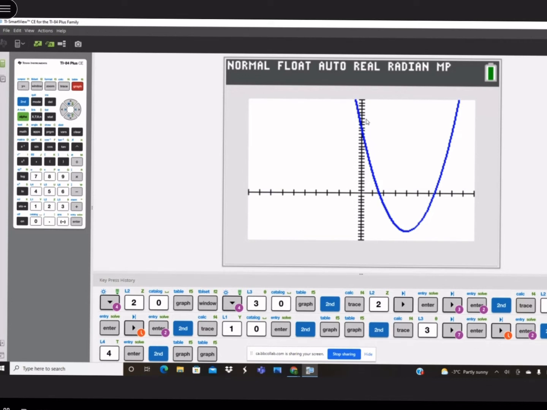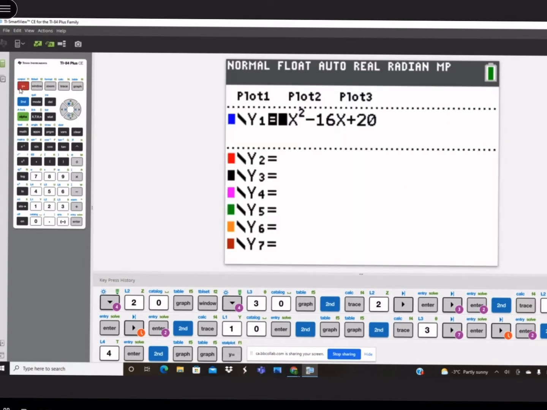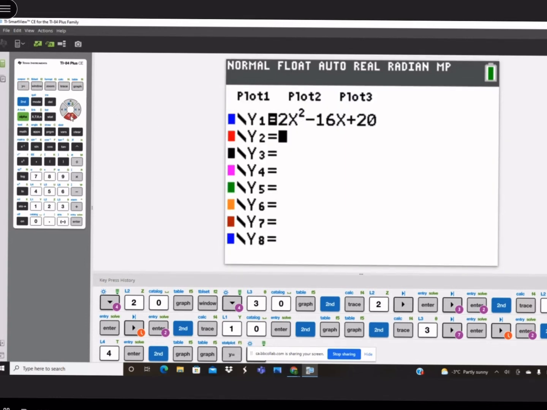The best way for us to do that is to actually map a target. So what I want to do is hit y equals, and I'm not going to change my original function, but I'm going to say y2 is going to equal 60, because I know if I let y2 equal 60, we're letting our y values equal 60 all the way along this graph.